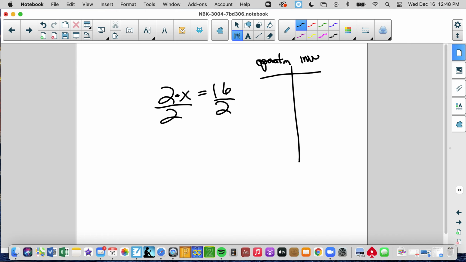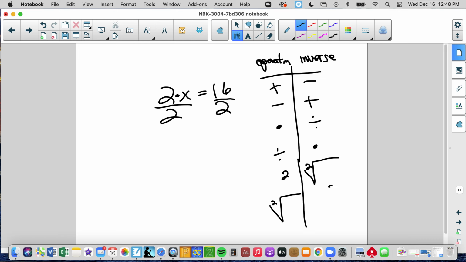So here's your operation and your inverse. The inverse of addition is subtraction. The inverse of subtraction is addition. The inverse of multiplication is division. The inverse of division is multiplication. The inverse of squaring is square rooting. The inverse of square rooting is squaring.